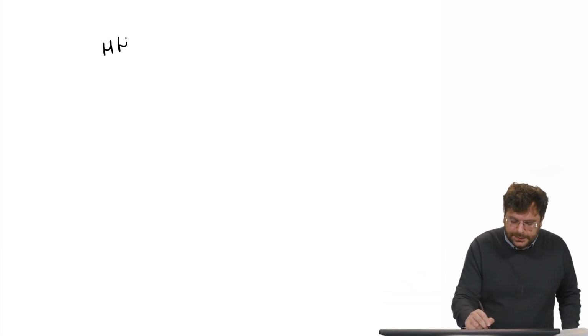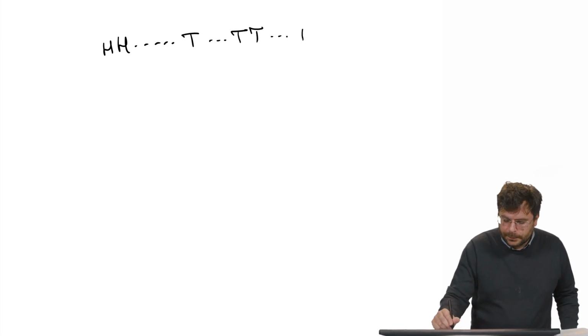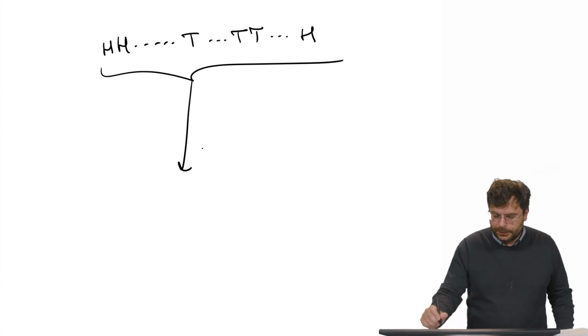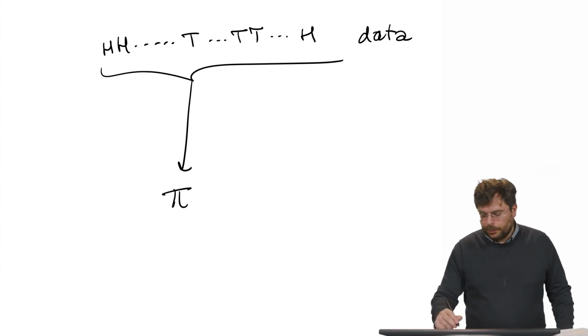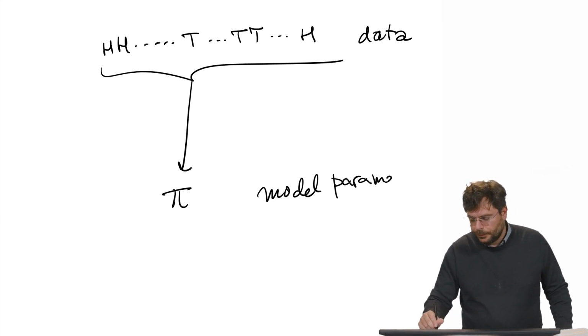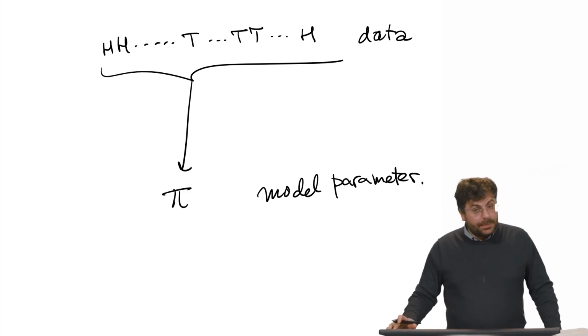So, I'm not interested, or I may be interested, but for the moment, I'm not really interested in calculating what the probability of a sequence is. I'm given a sequence, and I want to learn, so that's the data, and I want to learn pi, the model parameter. That's my goal.